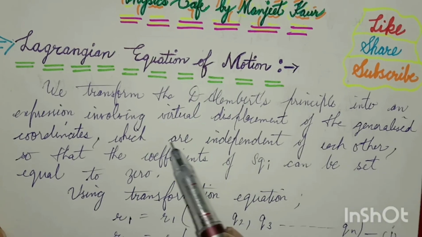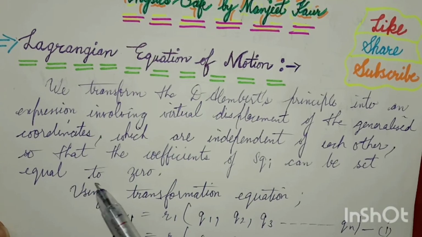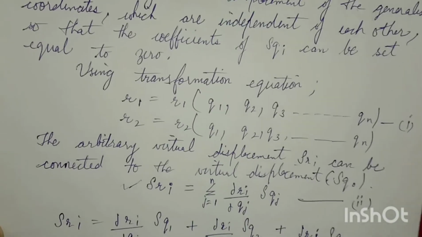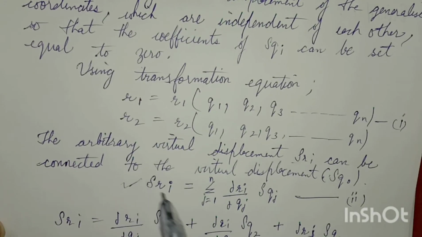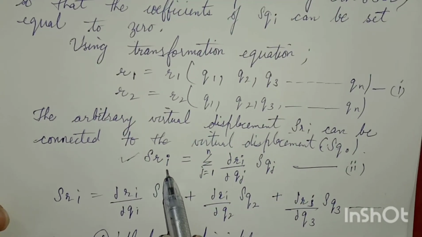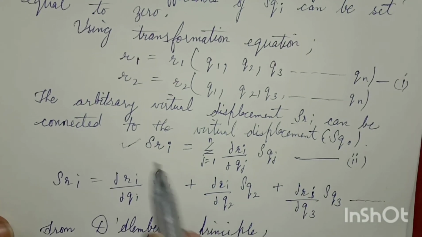So because they behave like independent coordinates, the coefficient is equal to 0. Then we use the transformation equation, which is equation 1. Now we take delta r_i, which is our virtual displacement's value, which is this.